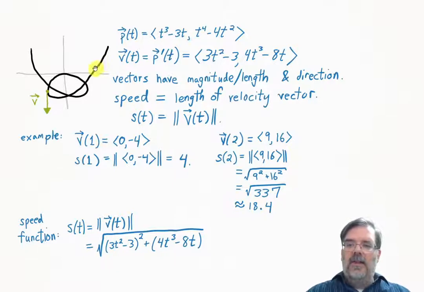And so by the time you get to this position, the traveling point is moving a lot faster, more than 4 times as fast when it gets up here. You can even write down a general speed function, by saying what's the length of the velocity function. This will almost always involve a square root that can't be simplified away.